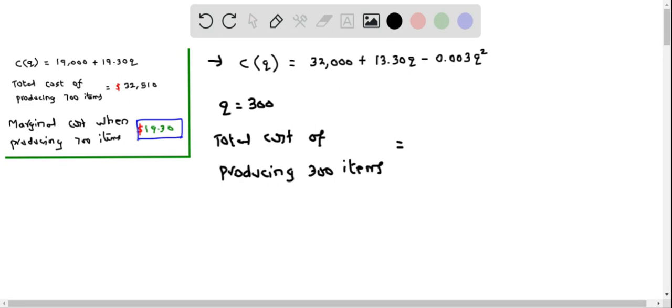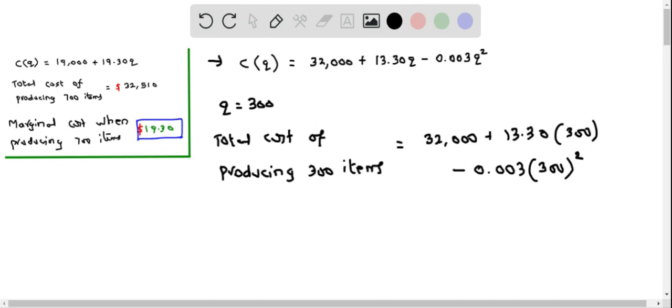And so this equals 32,000 plus 13.30 times Q. Replace Q by 300, minus 0.003. Replace Q by 300. It becomes 300 squared.